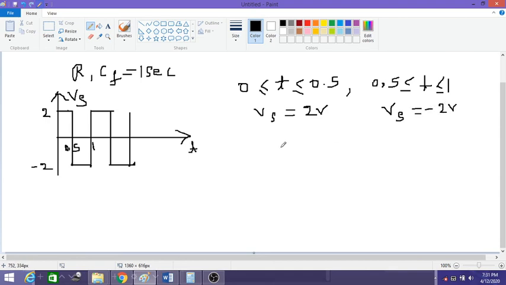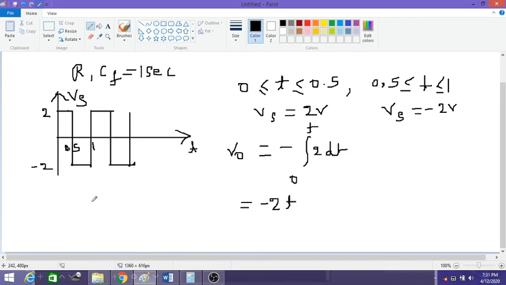Now if we apply this to an integrator, the time constant is anyway 1, so it is the integral from 0 to t itself of 2 into dt. Then when we integrate this, we'll have a minus t here.